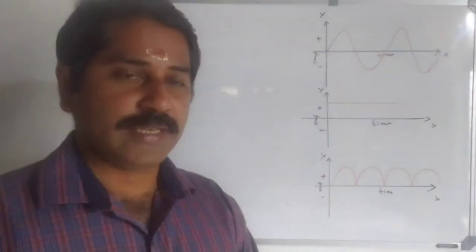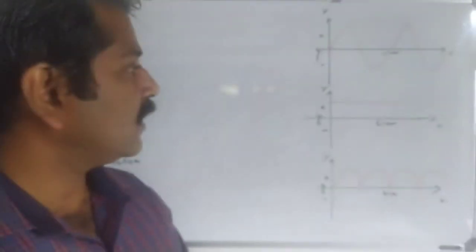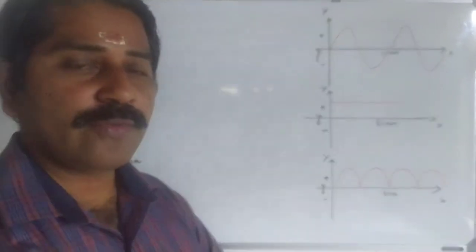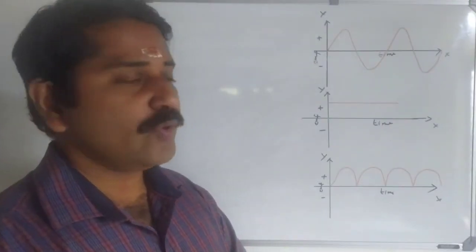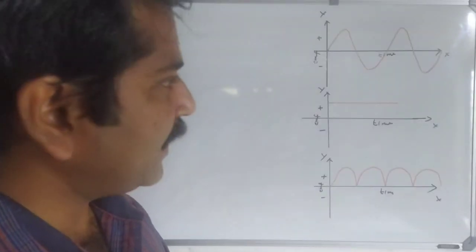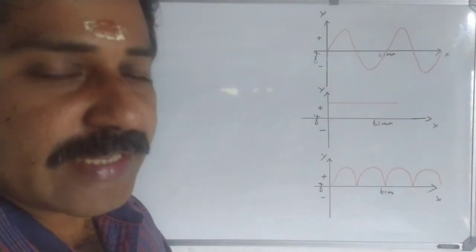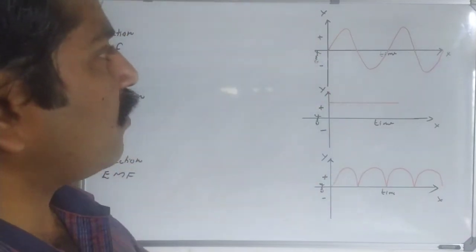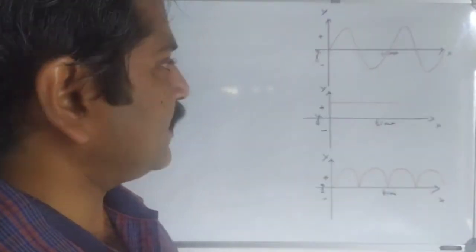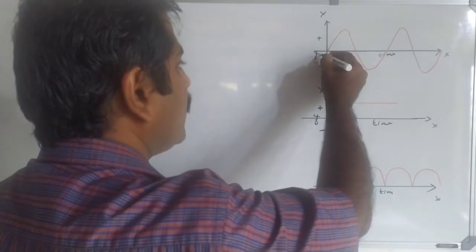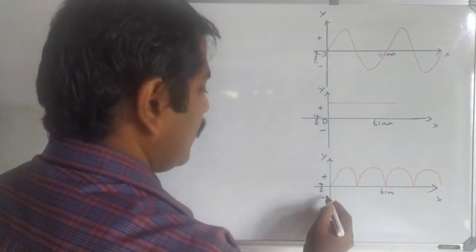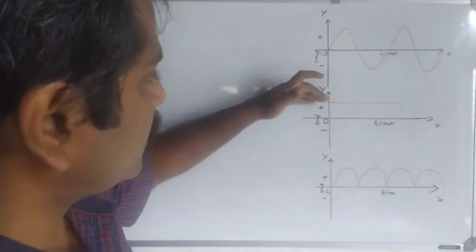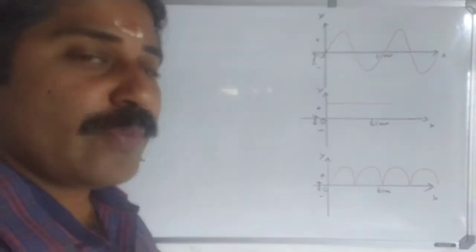After the DC generator, we have to discuss three different types of graphs. So you can see the graph. Each graph is plotted by taking time along the x-axis and EMF or voltage along the y-axis. So here there will be the origin, then the positive part and negative part, which are also marked in the graph.